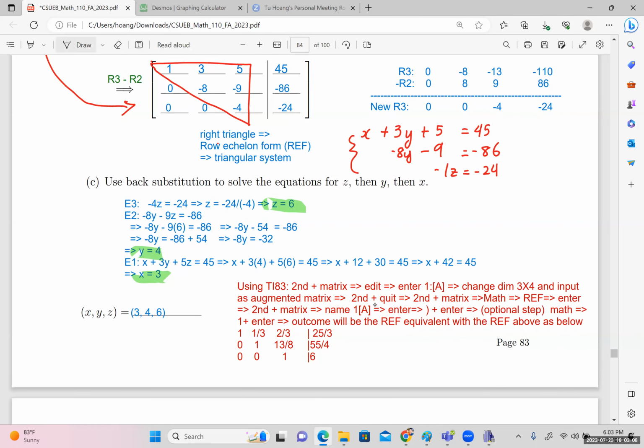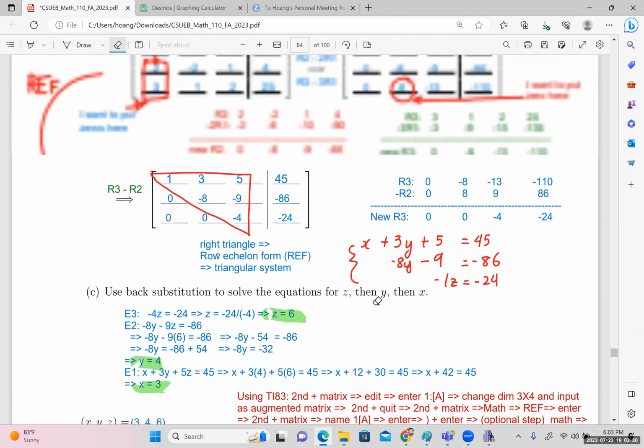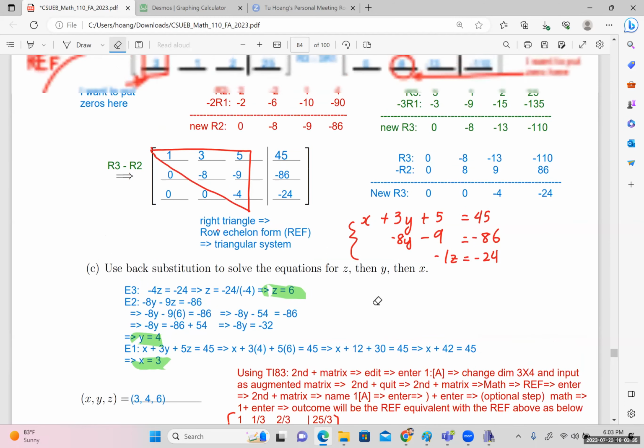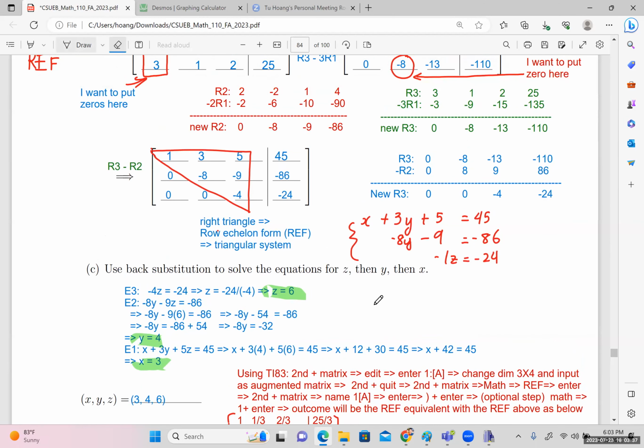So this is another way you can use, but you have to show me all the steps I have typed over there. You have to write all the steps and get to this. Okay, so maybe I'm gonna erase this.